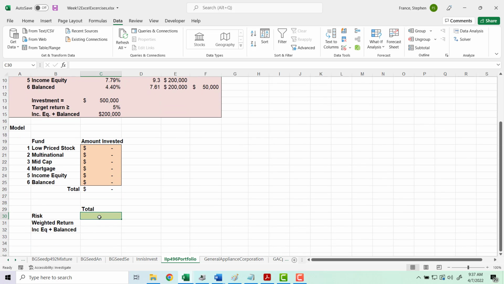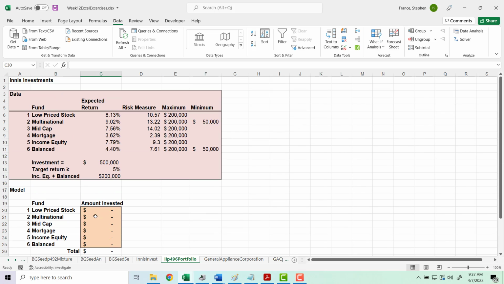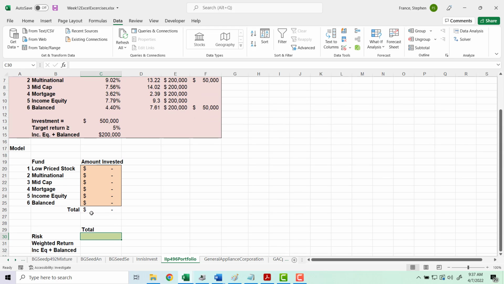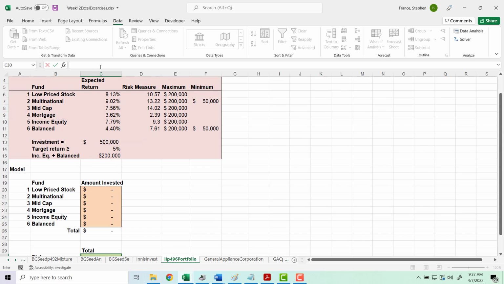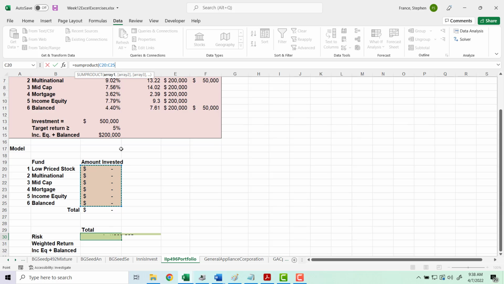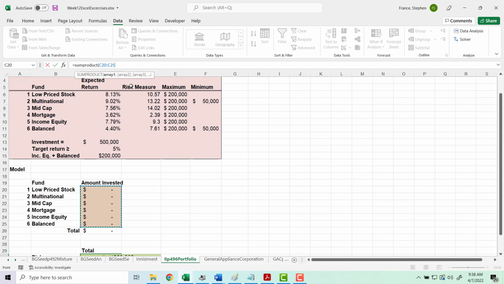Now we also want our weighted risk and weighted return measures. What we're going to do is a SUMPRODUCT of the amount invested and the risk.